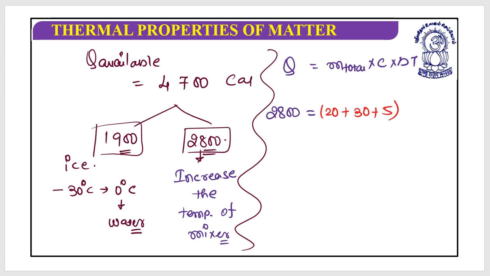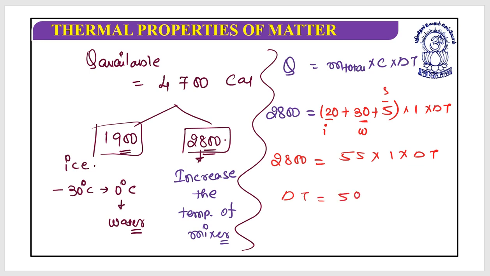Is it clear? So we have this combination, 20 gram of ice plus 30 gram of water, this is ice and this was steam, multiplied by 1 into delta T. So this 2800 is equal to 20 plus 30, 50, 50 plus 5, it's 55 into 1 into delta T. So delta T would be equal to 2800 divided by 55, which would be approximately 50.90, or you can say approximately 51 degrees Celsius.